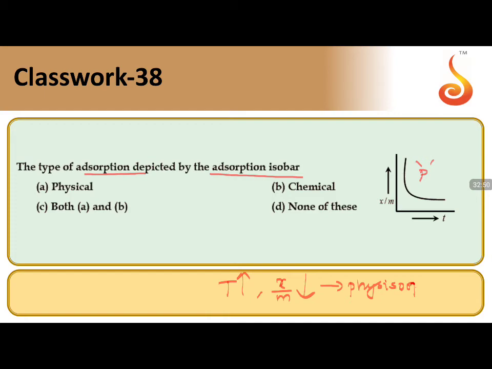But if your graph shows X by M versus temperature increasing and then decreasing, then this leads to chemisorption. The graph given to us depicts physical adsorption. So the answer for this is physical adsorption, undoubtedly.